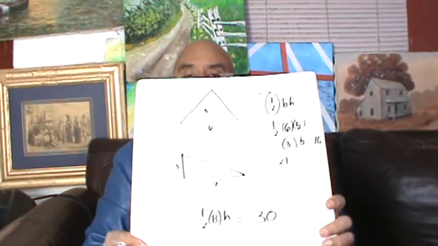Now this is what I talked about earlier in terms of your word problems may give you part of the variables. As long as you know the formula, you can figure it out if you have one missing. So go ahead and multiply that out. So 1/2 of 8 is what? 4. And 4 times your height equals 30.